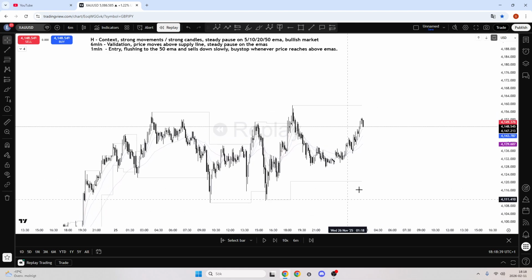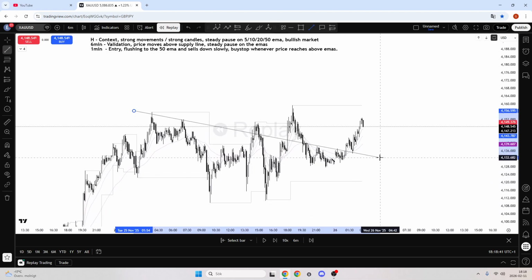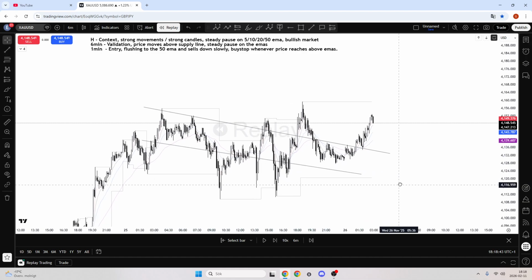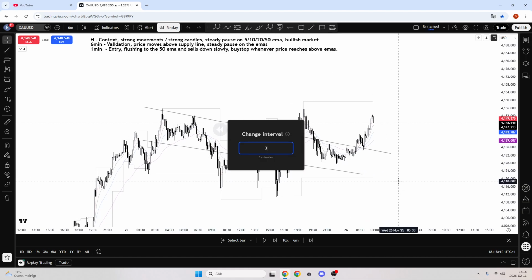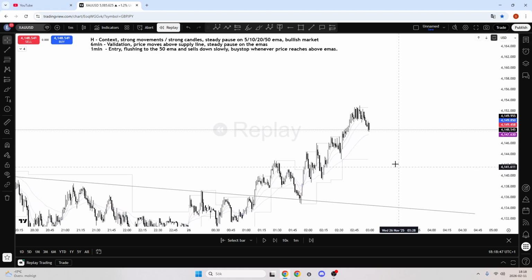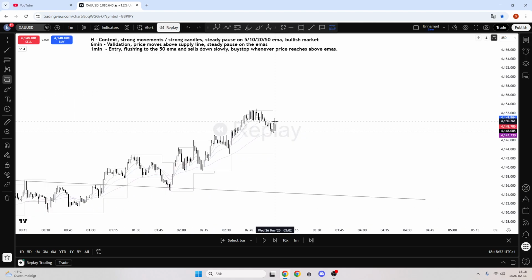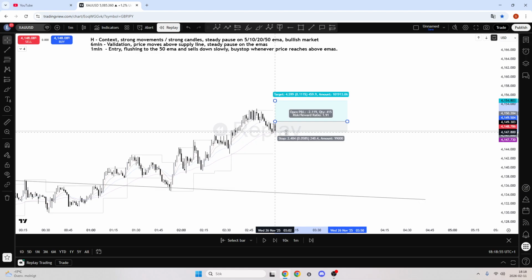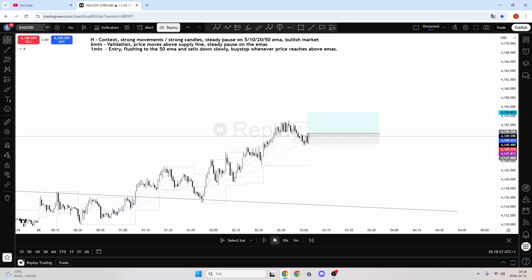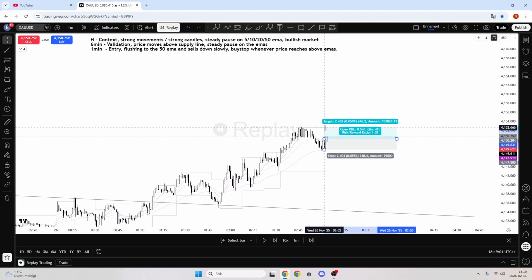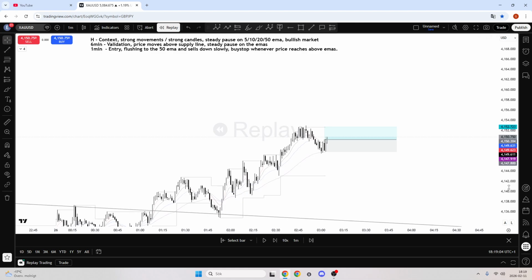Something like this, I think it's good. So draw your supply line, just like this. The supply line is not perfect, remember that. Let's see. Alright, so I would simply just buy stop this candle right there. We get tapped in, and now I will have my position.